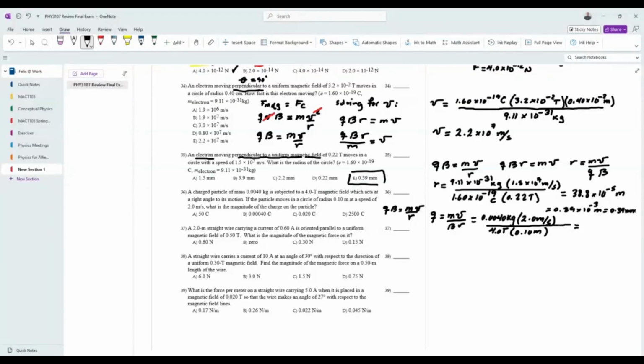And then when you calculate the charge here, the charge will be 0.020 coulombs. That would be the charge in this case. That was the solution of exercise number 36. So my answer here is answer C.